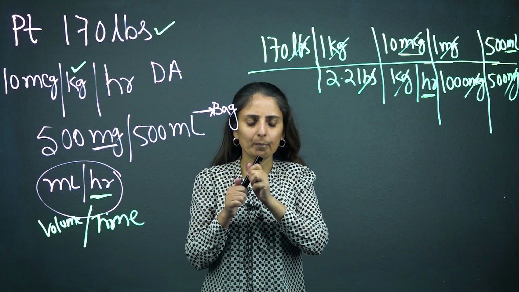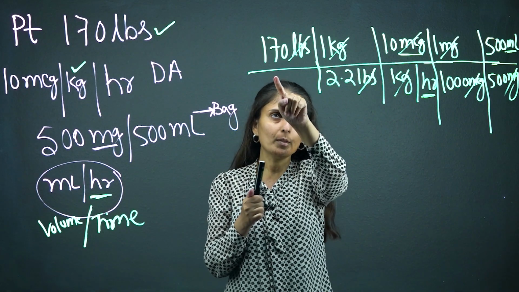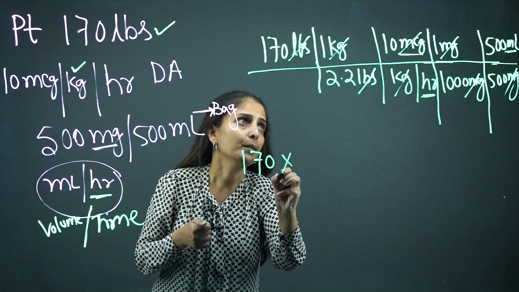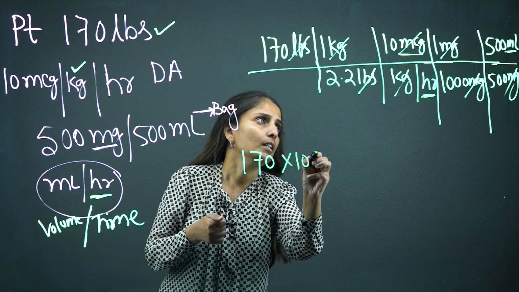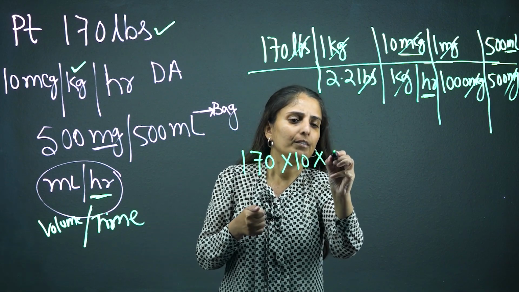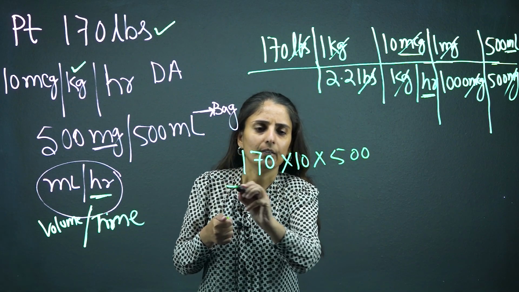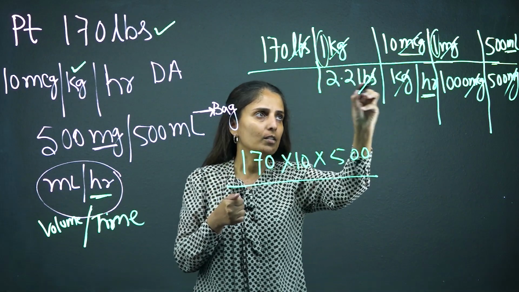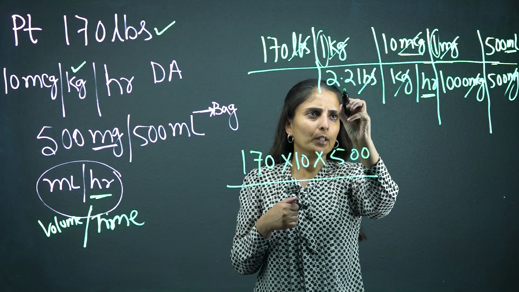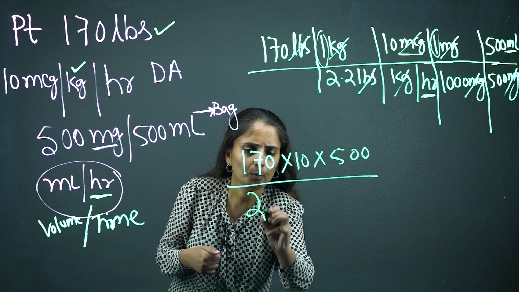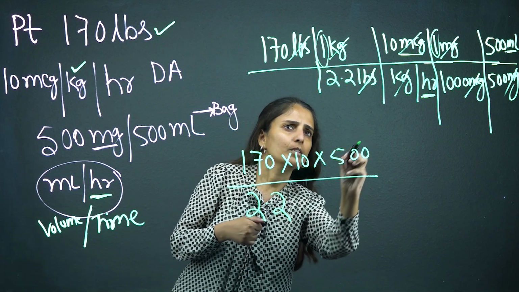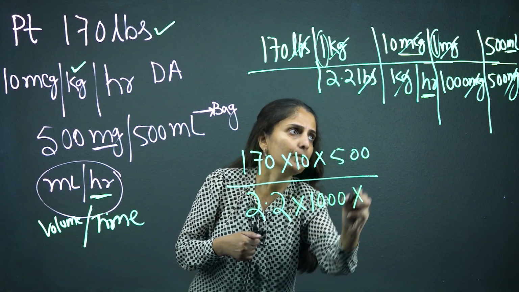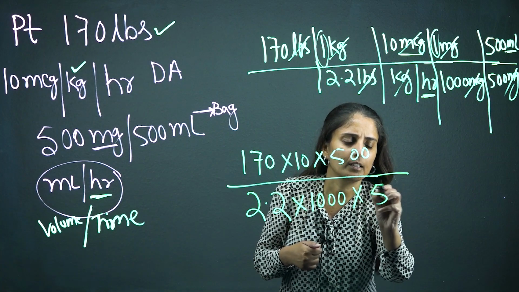So now we're going to do the same thing as in previous problems. We're going to multiply everything on the top. So 170 times 10 times 500. I did not write this one here and this one here because that's not going to make a difference, right? Now we're going to multiply the bottom, which is going to be 2.2 times 1,000 times 500.